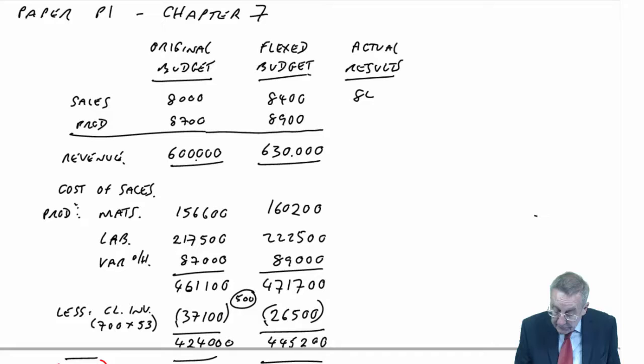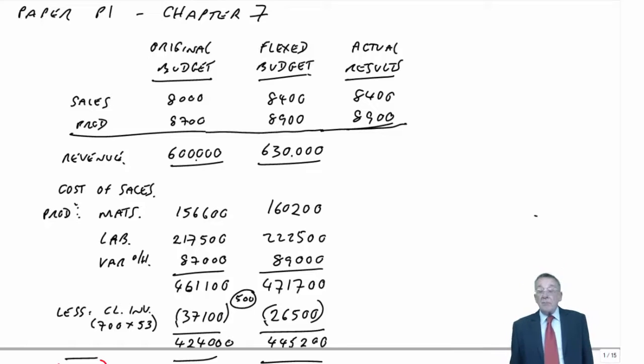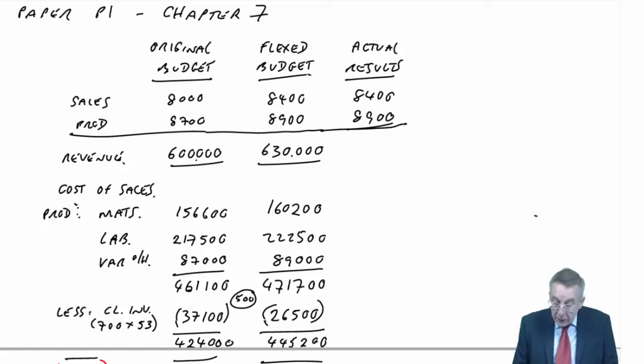We actually did sell 8.4 and we did produce 8.9. But let's look at the actual figures. The revenue. If you look back at the question, the actual revenue was 613,200.